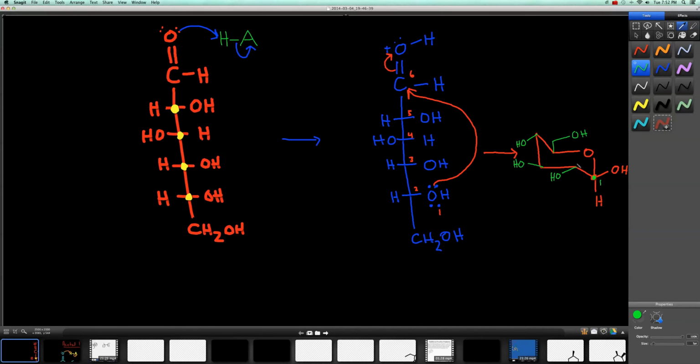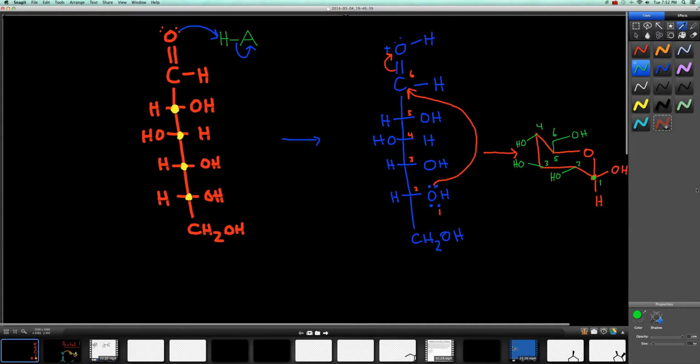So carbon 1, 2, 3, 4, 5, and 6. Carbon 5's OH is right here. Also, the OH that attacked is protonated, so this has a positive charge.